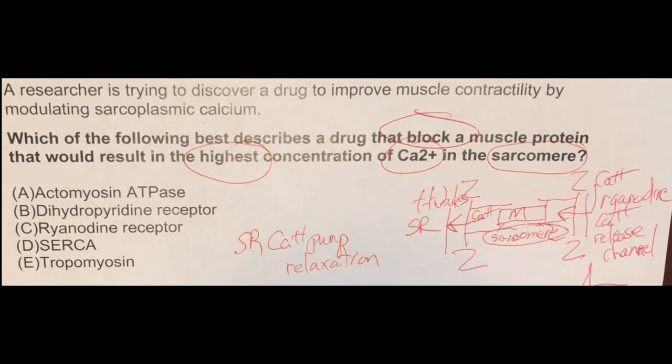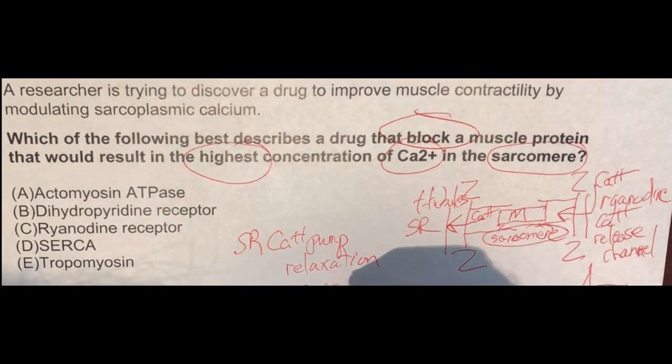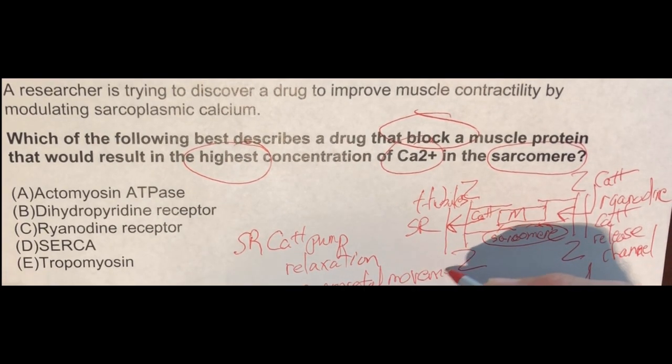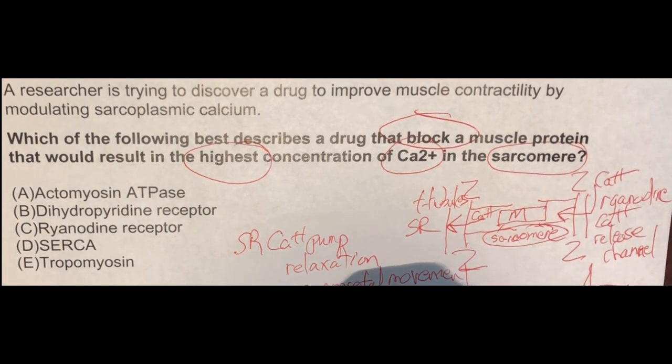By the way, we cannot have purposeful movement without both contraction and relaxation. So what is purposeful movement? Purposeful movement is the ability to move a load. And we don't get purposeful movement without both contraction and relaxation phases.